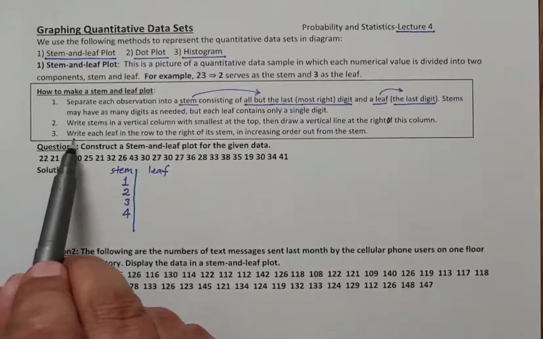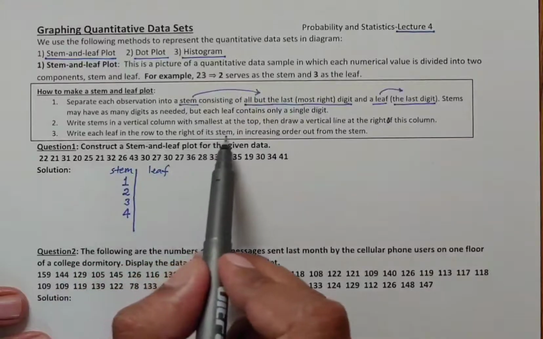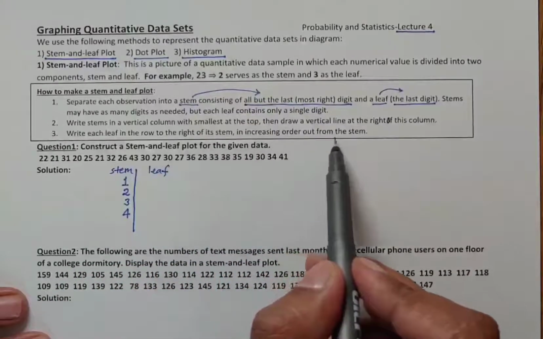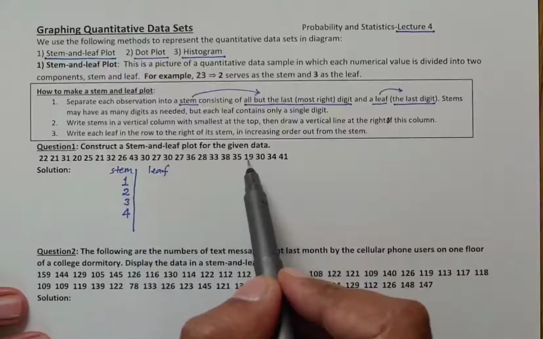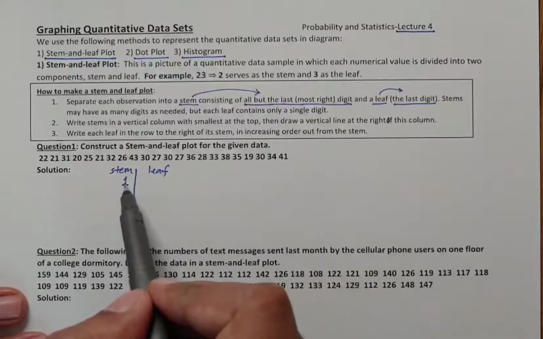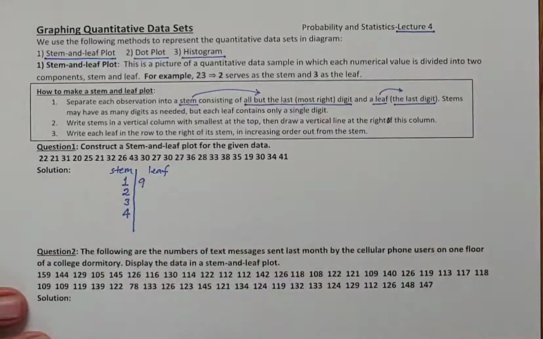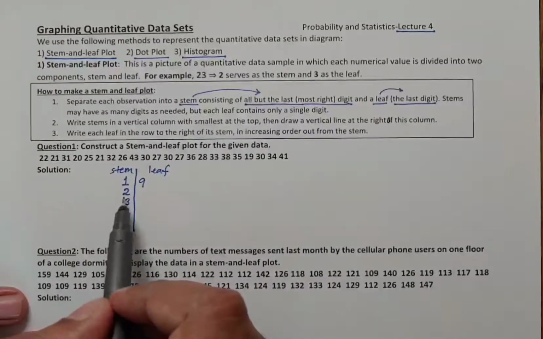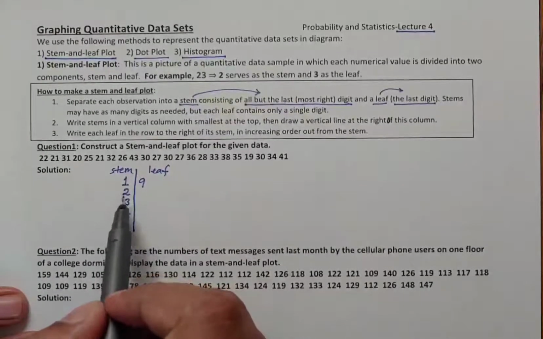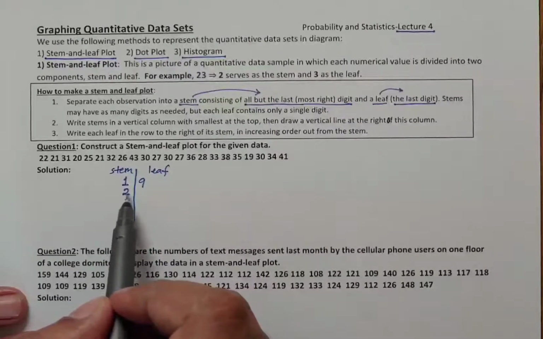Now the third step is write each leaf in the row to the right of its stem in increasing order out from the stem. So the smallest number is 19, so that goes with 1, because 1 and 9 makes 19. Now let's see how many 20s there are. Any number between 20 and 29 goes with 2, right?